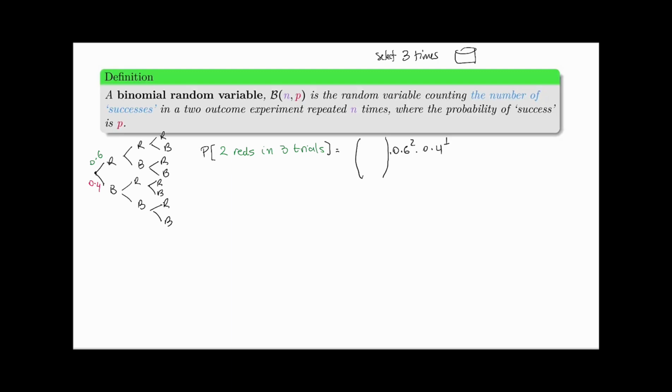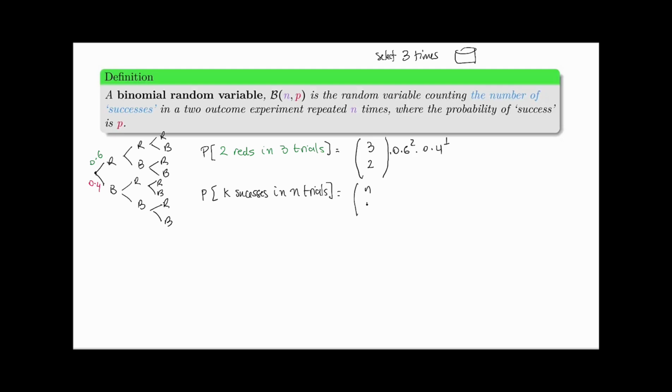So it has to do with what we're studying now. In 3 trials, I want 2 to be red. Just to recall the formula, the probability of having k successes, and in this case I'm considering reds as successes, in n trials.